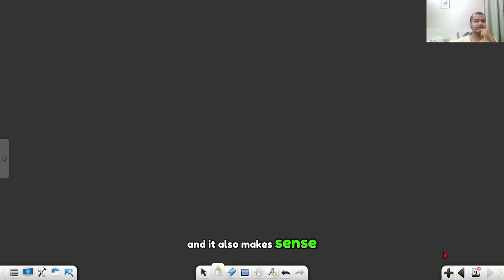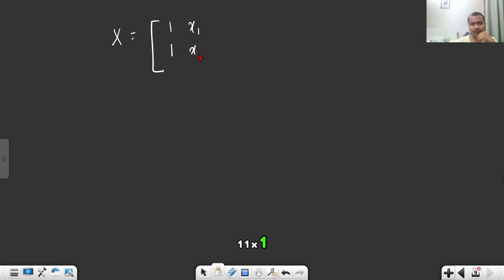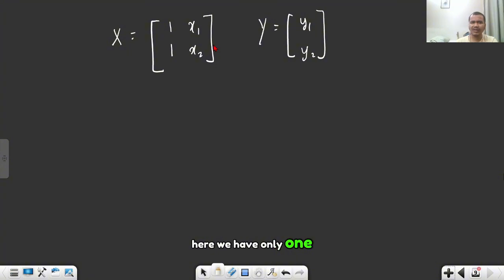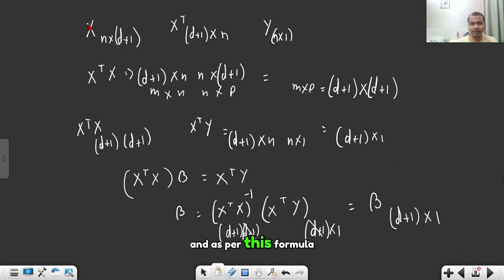And it also makes sense because, as you see in our first example of x being 2D data, we had x equal to 1 1 x1 x2 and y equal to y1 y2. Here we have only one feature, and as per this formula, what do we get? We have 2 into 1 plus 1.